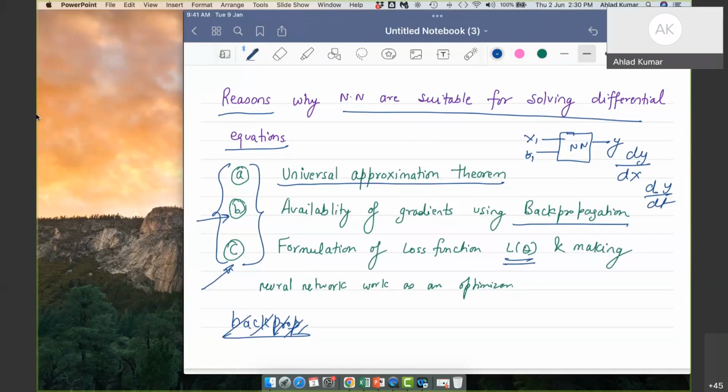We will see slowly how to formulate this loss function. And the neural network will work as an optimizer here, because it will be used for doing gradient descent. So these are the three important points which motivate scholars to solve differential equations using neural networks.